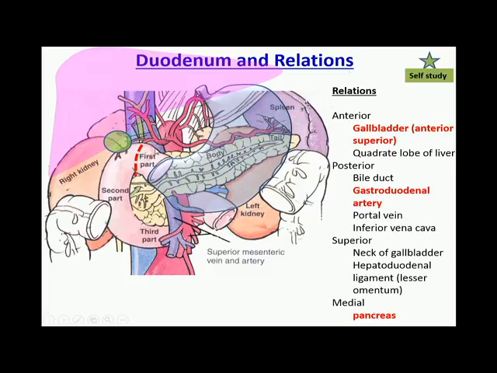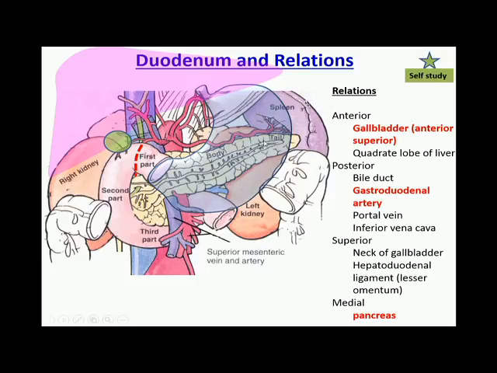Okay. Yeah. So coming back to the duodenum, it has three parts: first part, second part, third part, and another small fourth part. Second and third parts are retroperitoneal. The two ends, first part and fourth part, can be completely covered by peritoneum or partially covered by peritoneum.